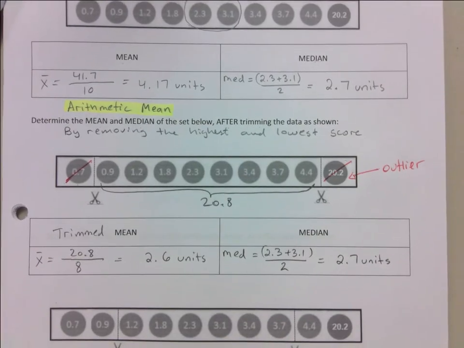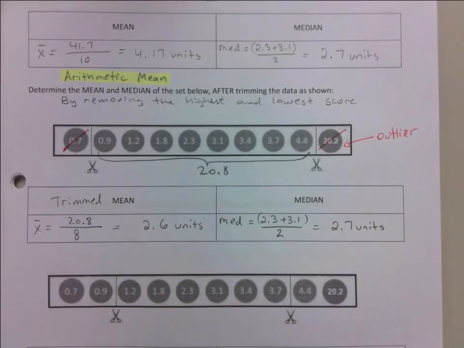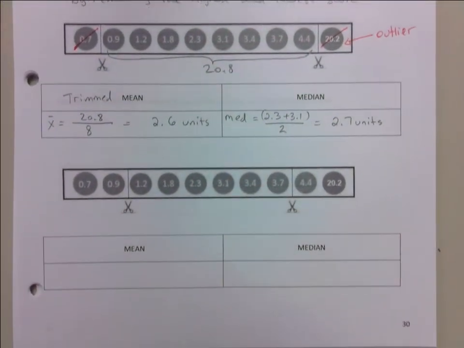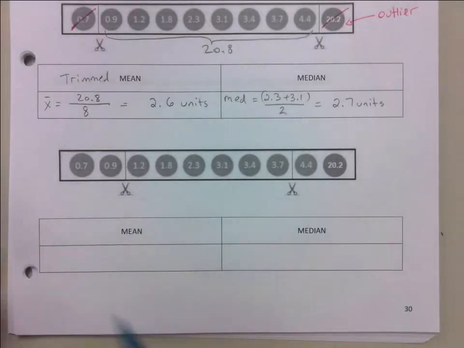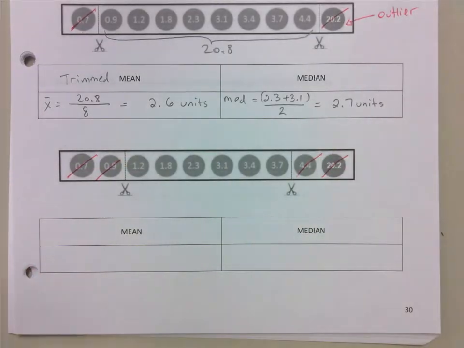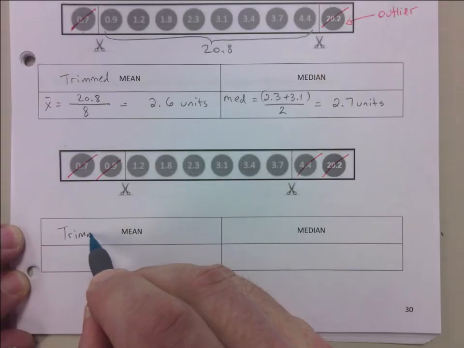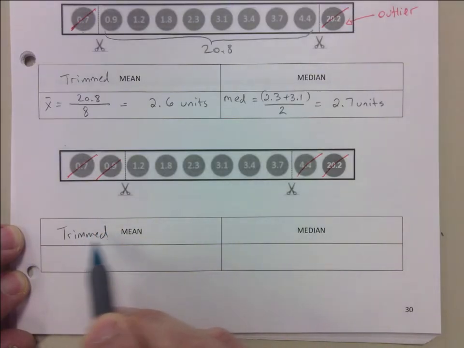Let's do it one more time. I think you're just going to trust me on this one. You're just going to copy this down. I want you to start working on this ASAP. If you remove the 2 lowest, you also have to remove the 2 highest numbers. So this is now a trimmed mean situation. Write down trimmed mean.